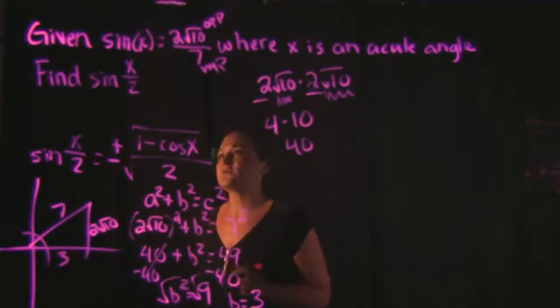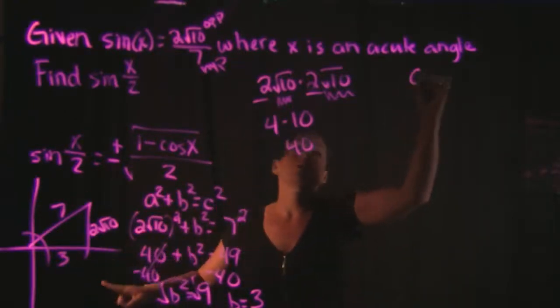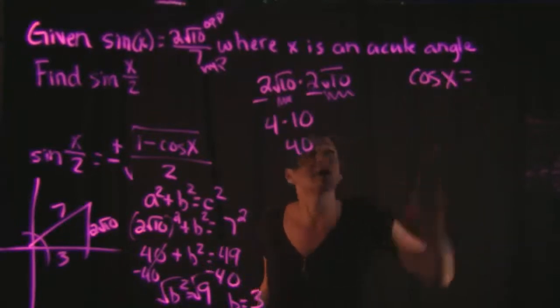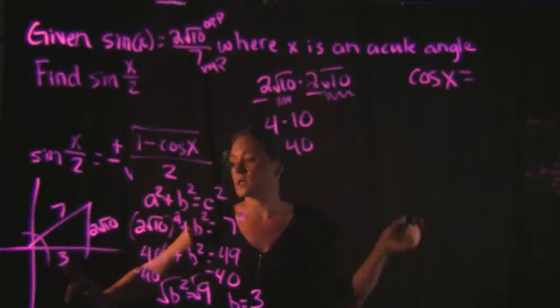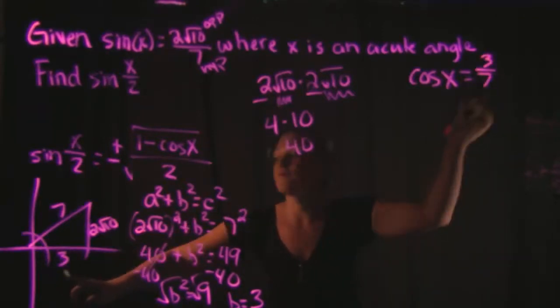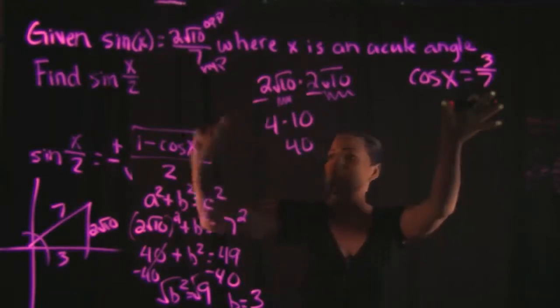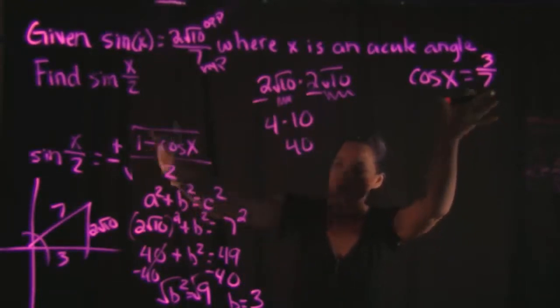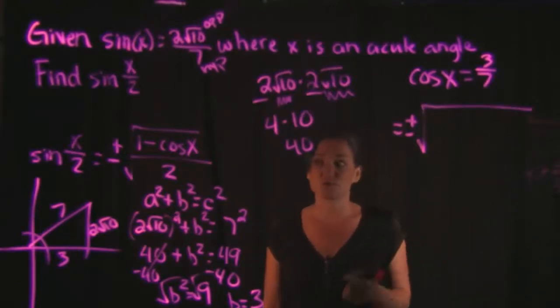So what that tells us then is we now know that cosine of x, remember cosine is adjacent over hypotenuse, so cosine would then be 3 over 7. So now that we know what cosine is, we can plug that in directly into our formula, and we can simplify and find the rest.